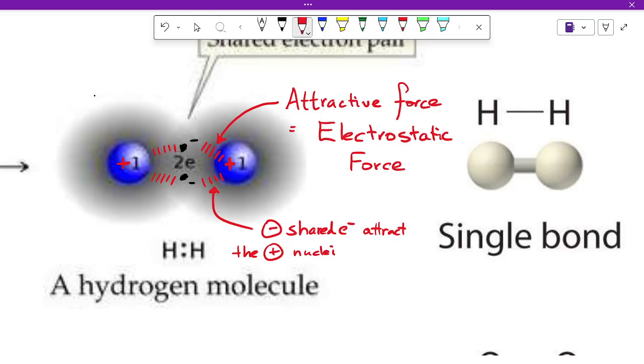Same kind of force. Every single thing that holds atoms together, that holds molecules together in chemistry, is because positive attracts to negative, all due to these electrostatic forces. So in the ionic compound, it's between a positive ion and a negative ion. In a covalent bond, it's between the shared electron and the positive nuclei. Okay, so our shared electrons and the positive nuclei, that gives us our electrostatic force.